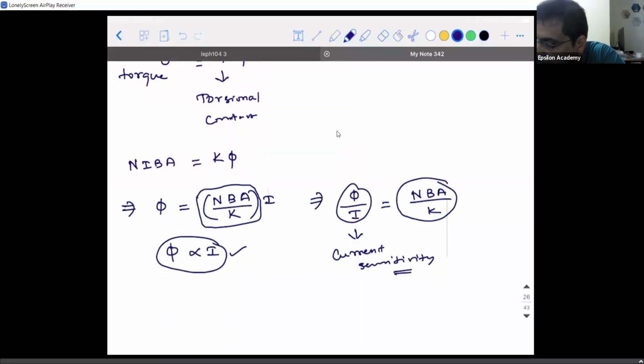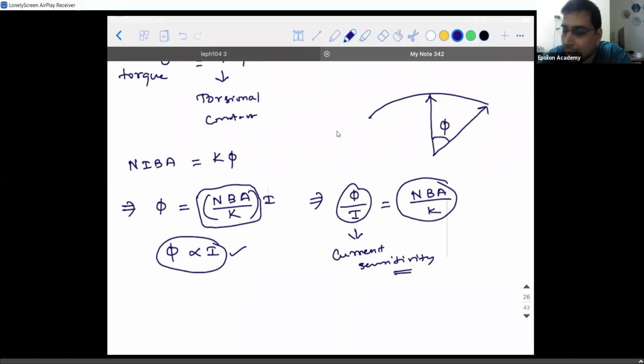Okay, like if I have a galvanometer whose pointer is initially at 0, if I pass unit value of current through it, then let's say it is getting stopped here where it is producing a deflection phi. So the amount of deflection produced, that is the amount of output you are able to see for the amount of input current that you have given, is what is called current sensitivity.